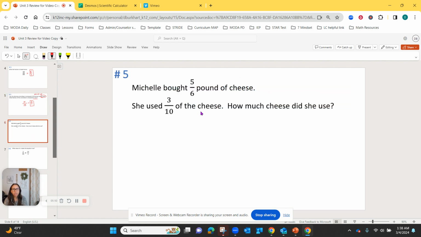All right, so Michelle bought 5/6 pound of cheese. She only used 3/10 of the cheese. How much cheese did she use? If she has originally 5/6 and she used 3/10 of the cheese, that would be subtraction.